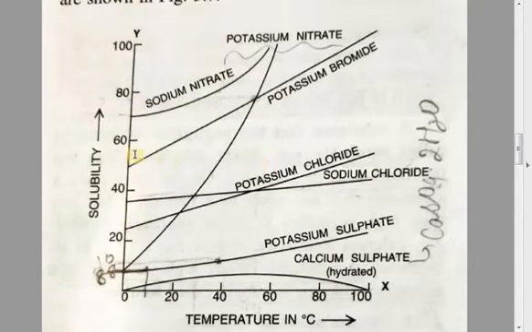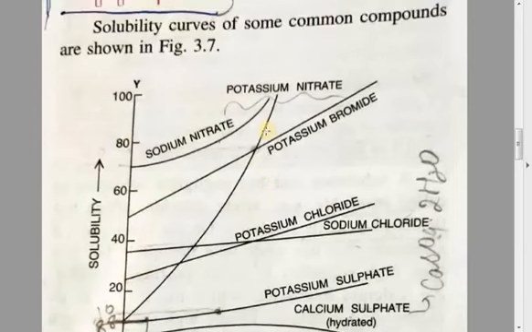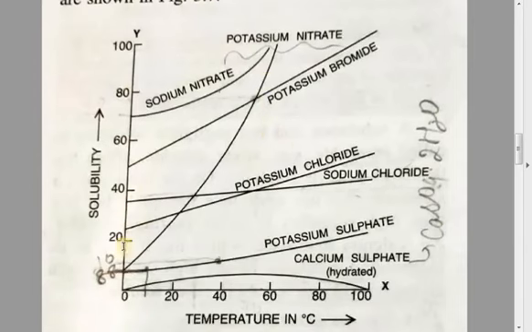These are the variations. If you see, potassium bromide varies directly with the temperature. In case of sodium chloride, there is very little variation. In case of hydrated calcium sulfate, first it is increasing, then it is decreasing. So these are the different natures of solubility in 100 gram of water for a particular salt.